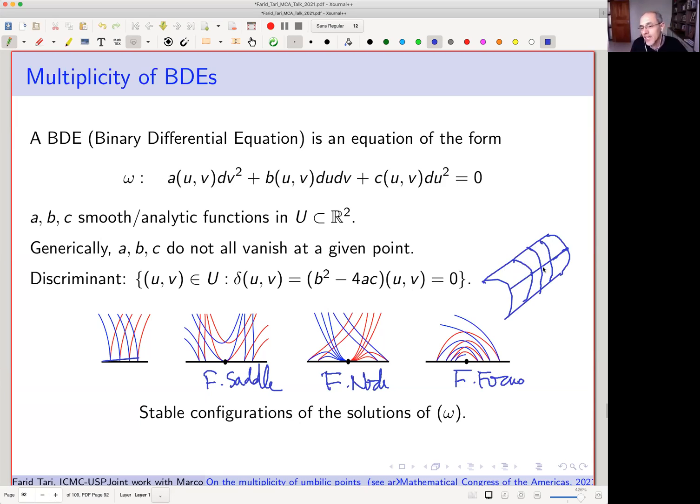So you classify this vector field, but you have to keep in mind that these 2 points project to the same point here, so you have an involution. Basically, you classify vector fields on a surface together with an involution eta. When the vector field is regular, you get this configuration. But of course, you can have singularities. You can have saddles, and when you have saddles, you project and get this folded saddle. When you have a node, you get a folded node, and with a focus, you get a folded focus.